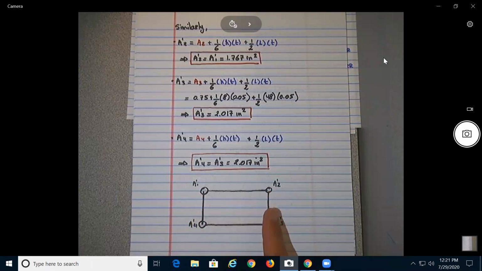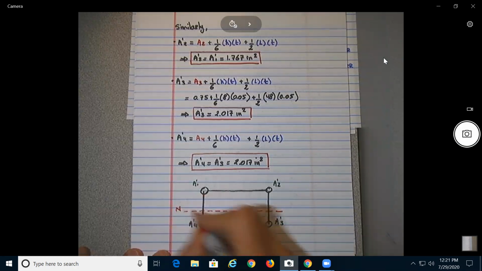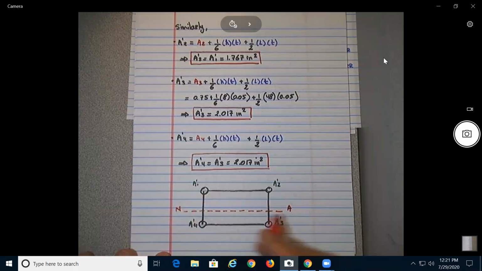So this means the neutral axis is not going to be in the center, but should be a little bit closer to A prime 3 and A prime 4. If we plot it a certain way, we know the neutral axis should be somewhere over there.